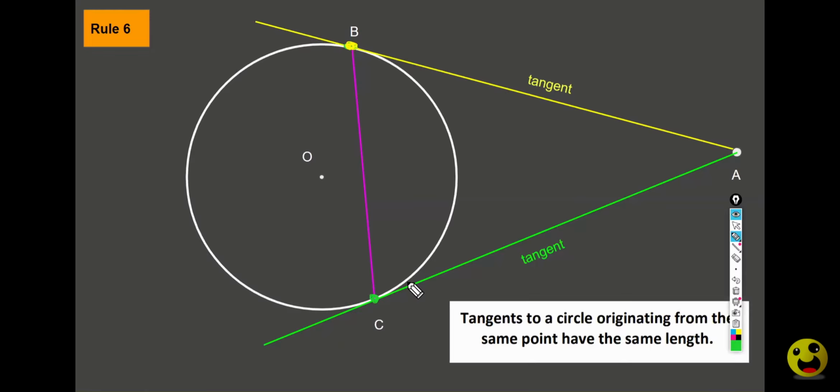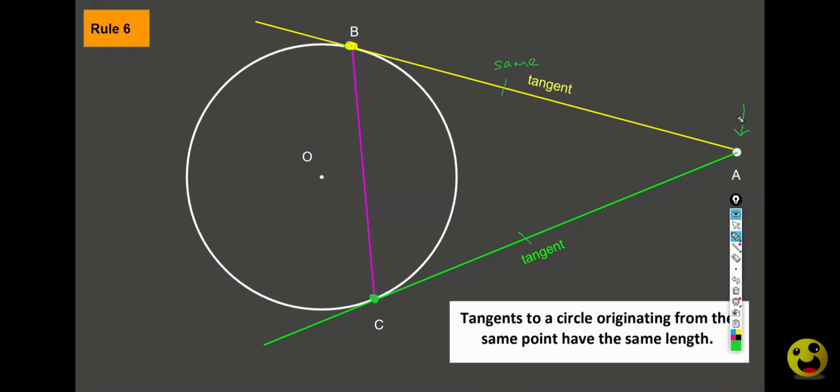It just so happens that whenever two tangents originate from the same point, and that's the keyword, both tangents are starting from the same point, and that point happens to be A, these two lengths will always be the same. Always. It's like magic.